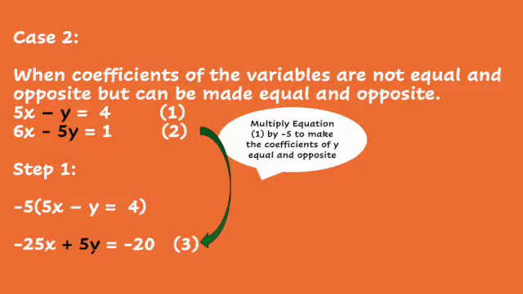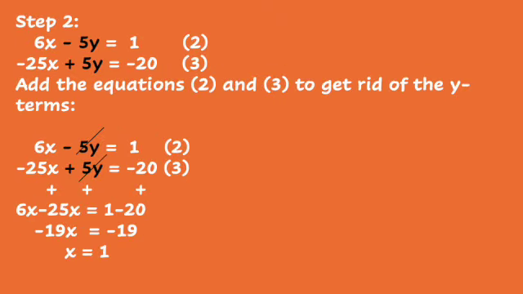Now we have a look at equations 2 and 3. If you compare, you can see the coefficients of y are equal and opposite now. So we are ready to go to the next step. We can add these two equations to get rid of the y variable.